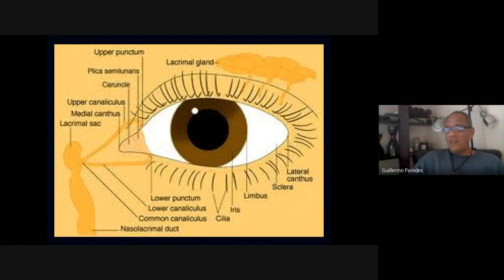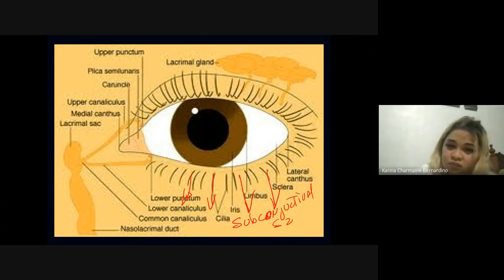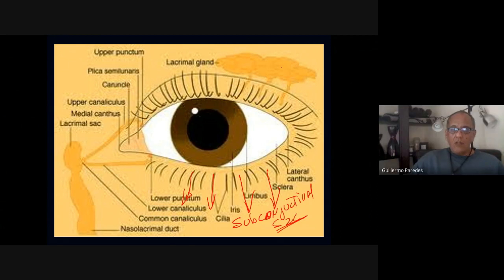You're going to pull down your lower lid, and they're going to go to the subconjunctival sac, correct? Now you're going to put two drops. Two drops are the capacity of the subconjunctival sac. So if you put more, you're just going to waste it.